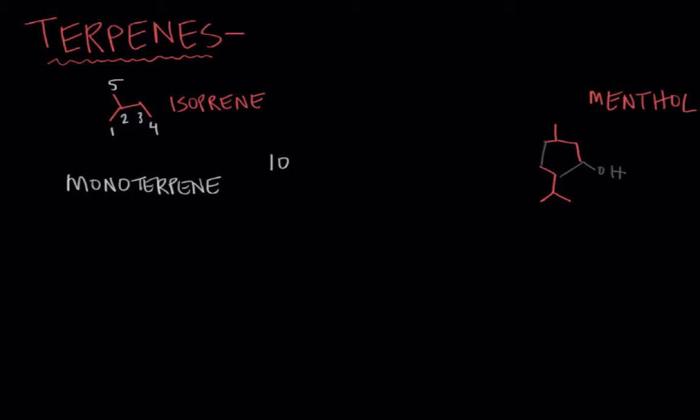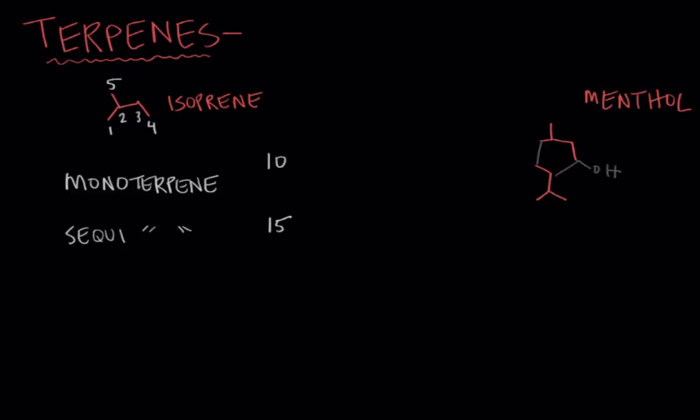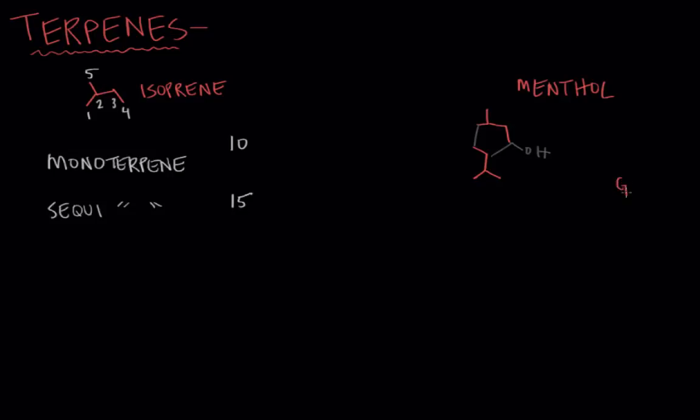Then if you add one more isoprene, you'd have 15 carbons. That would give you 3 units of isoprene, and we'd call it a sesquiterpene. One example of a sesquiterpene is ginger, and ginger looks like this.